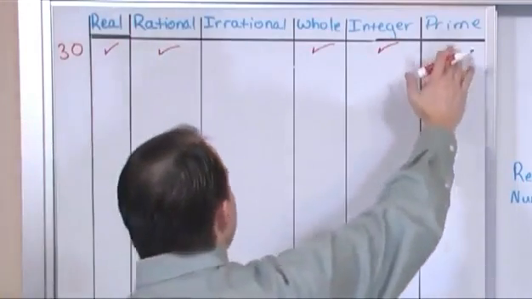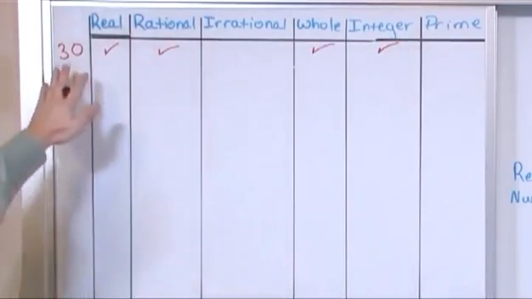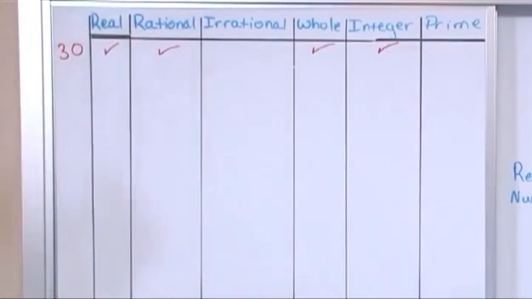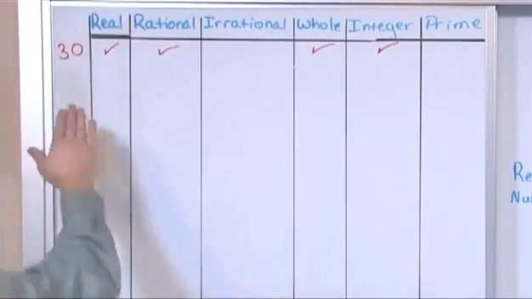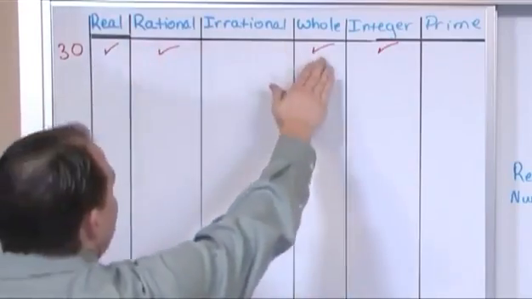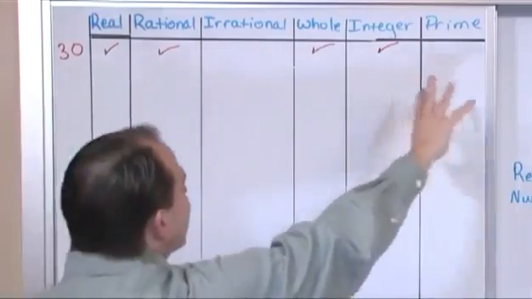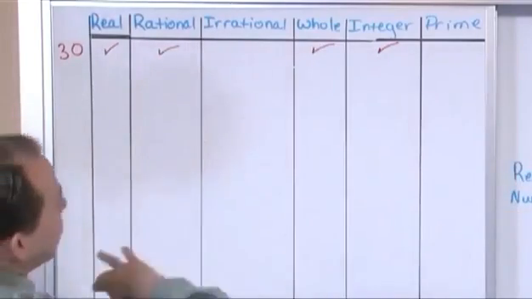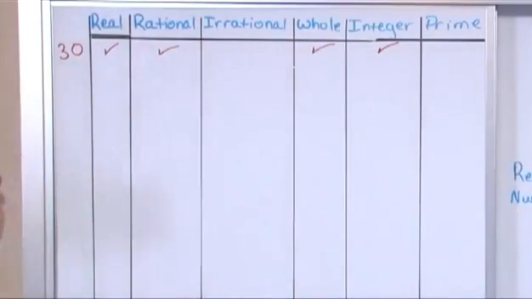Well, it is not a prime number because I can divide 30 by 10, I can divide it by 15, I can divide it by lots of different numbers and still have an even division. So this number is real, rational, whole, integer. And we could even have more columns with natural number and all this other stuff. They're just labels. I'm just trying to give you a little bit of practice here.